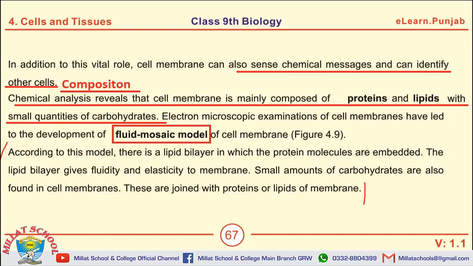The MCQs may be: the cell membrane can sense chemical messages, and the other one may be about the composition of cell membrane, that cell membrane is composed of proteins and lipids.